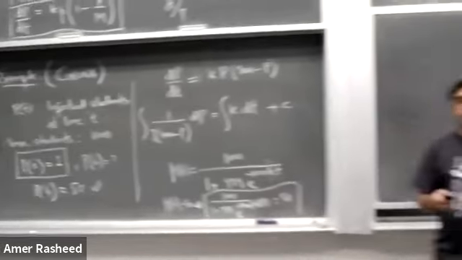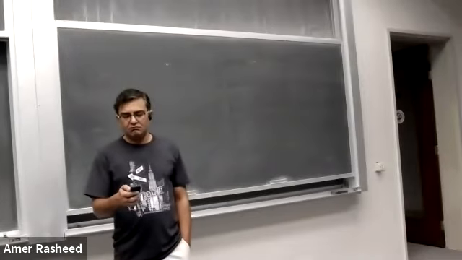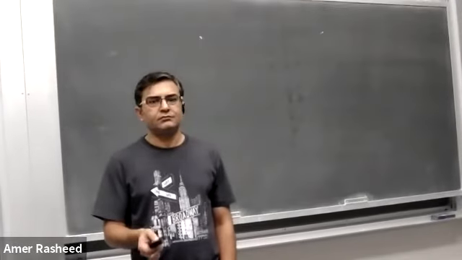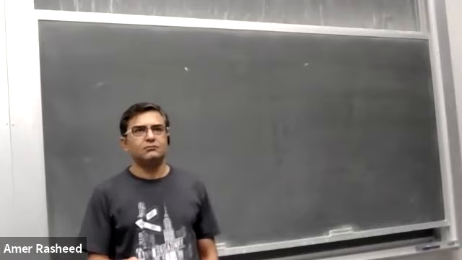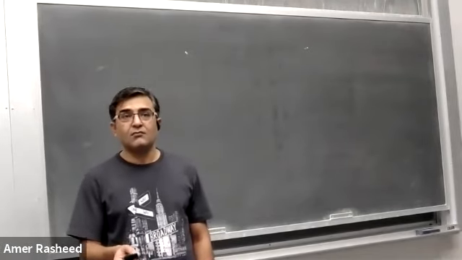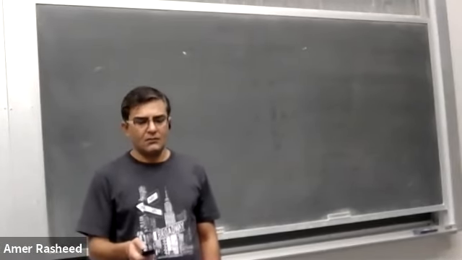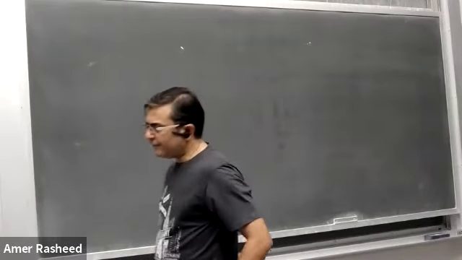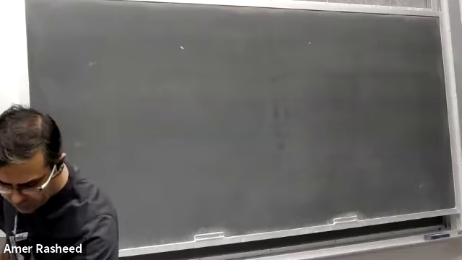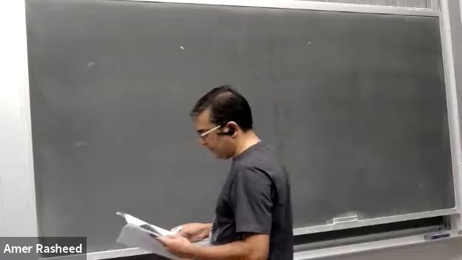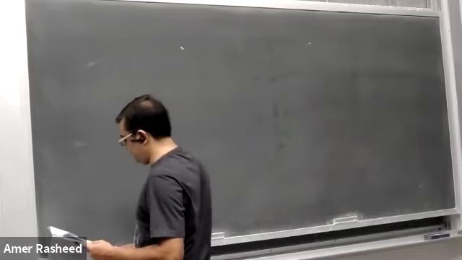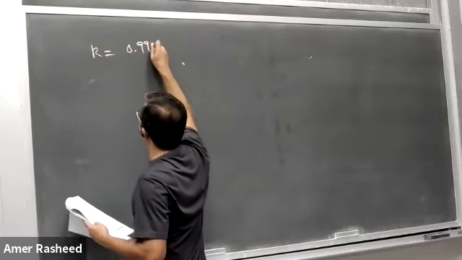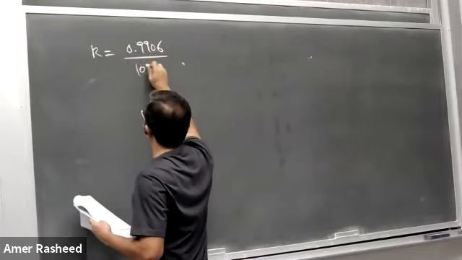Now let's come to the second board. Okay, after simplifying that equation, we obtain the value of k. K is 0.9906 divided by 1000.